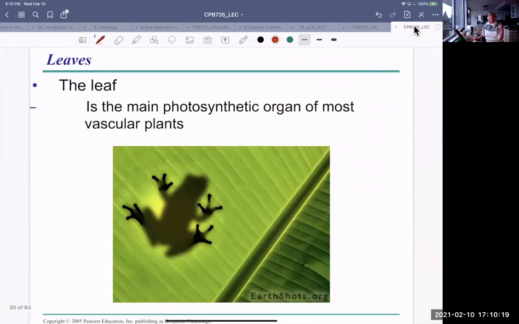Leaves are the photosynthetic organ. I like this one because you can see the frog and it shows how thin the leaf is. Of the leaves that you showed me, a lot of them were quite large. What is the advantage of a large surface area for a leaf?